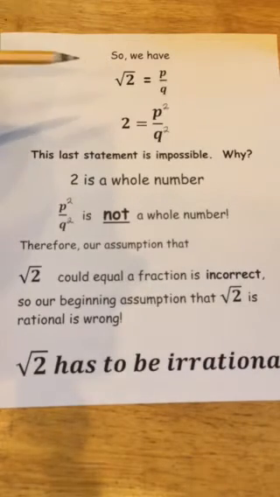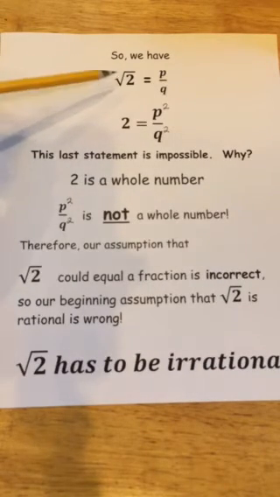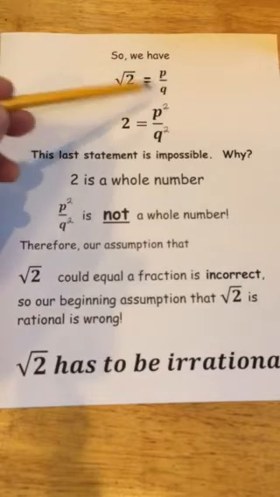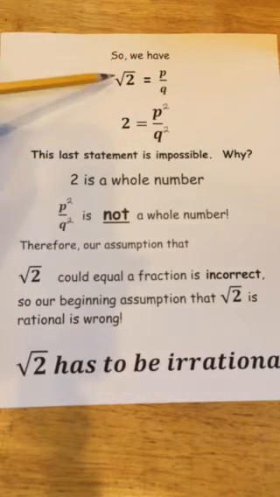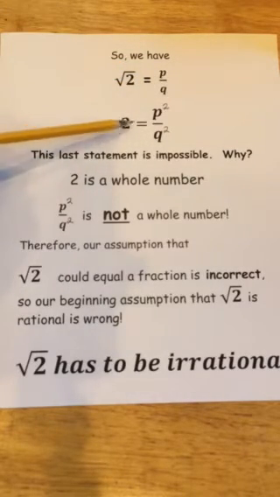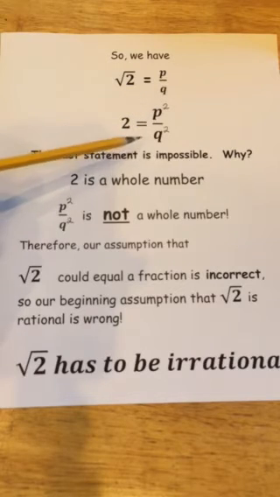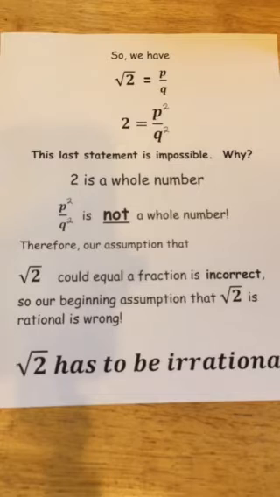So we have square root of 2 equals p over q. If we square both sides, we get 2 equals p squared over q squared. Is this last statement possible, actually? I don't think so. Why is this impossible? 2 is a whole number.